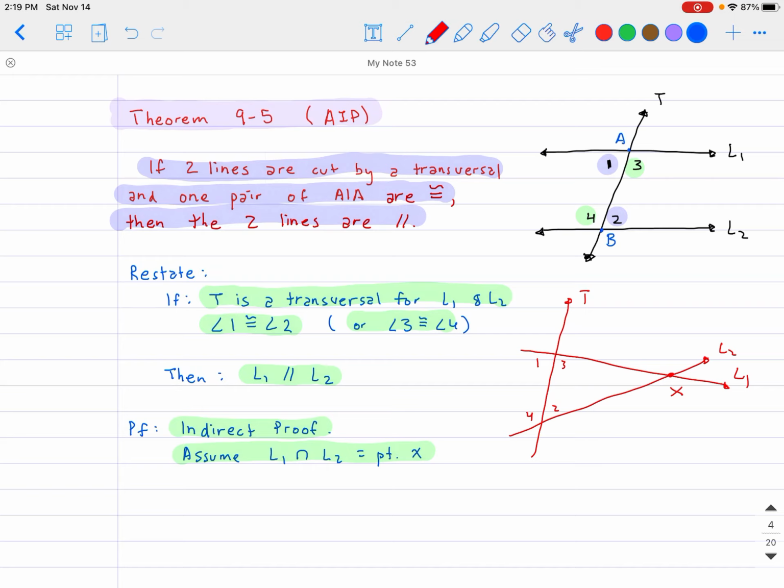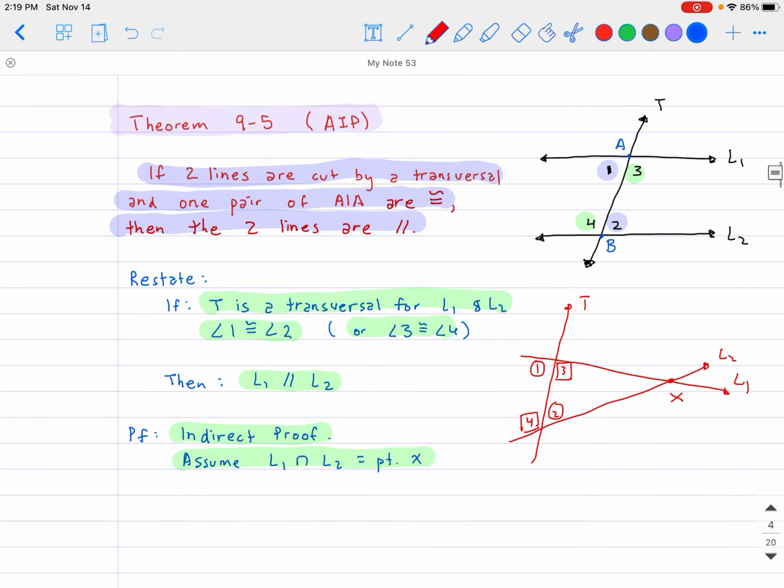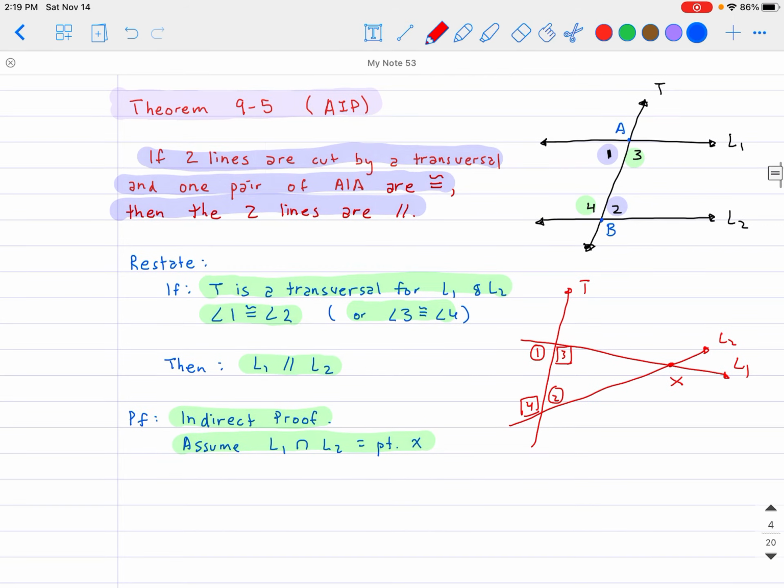Now remember, in the given, we're told that angle 1 is congruent to angle 2, just as angle 4 is congruent to angle 3 because of the previous theorem over here. So you can see that the squared angles are going to be congruent, and then the circled angles are going to be congruent.